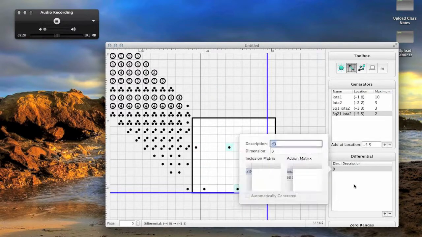I'll introduce a single differential. Now here, the target of this differential has the potential to lie in any chain, meaning that it does not account for the fact that by the time we have turned to the 5th page, there is only a one-dimensional group of cycles. And so we must sort through and select the chain that we want. And it's this one. This is the chain Sq2 Sq1 iota2.